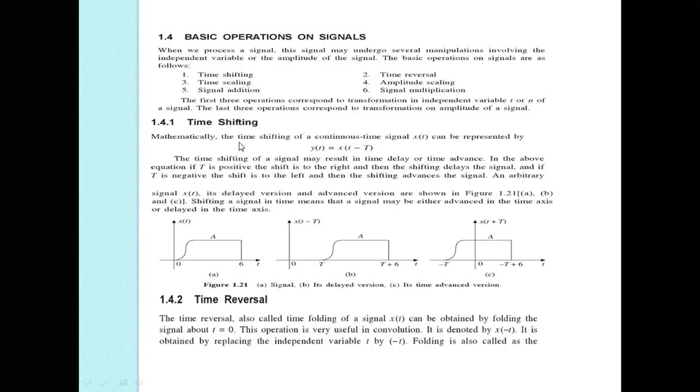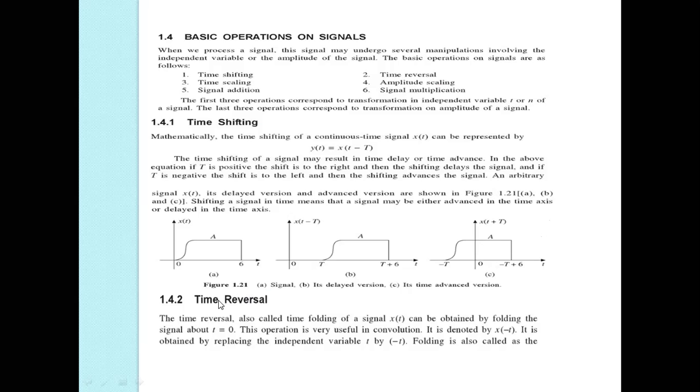Only a change occurs in time, moving towards the right side or the left side linearly. There is no change in the amplitude of the given input signal x of t. It is only shifted with the fundamental period capital T, either towards the right as delayed in the time axis or towards the left as advanced in the time axis.